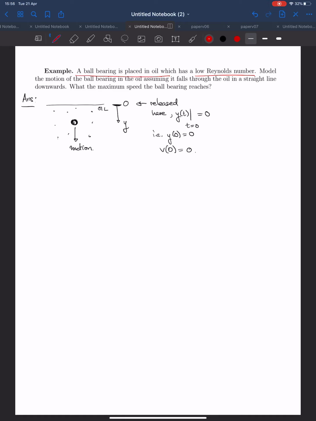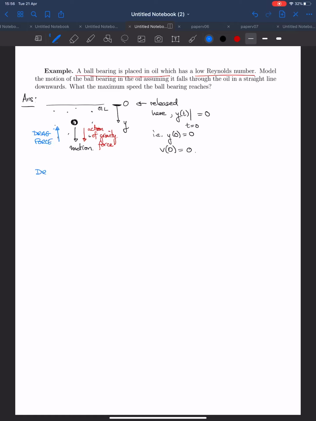We have a force representing the action of gravity, the gravity force. And then we have another force which, due to the low Reynolds number, will be a linear drag force, which opposes the motion.